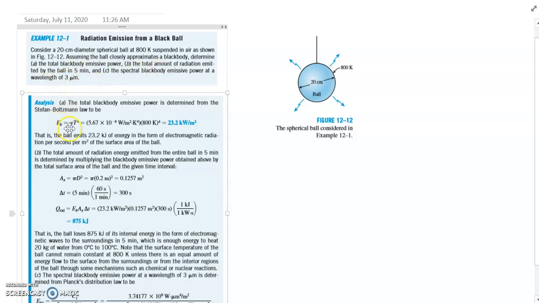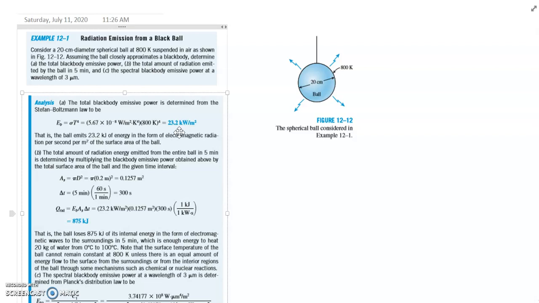For the first part A, we just straight away use that equation: E_B equals sigma times T to the power 4. Sigma is a constant, and your temperature is already in Kelvin, so just plug in that number and make sure it's to the power 4. So you get 23.2 kilowatt per meter squared.